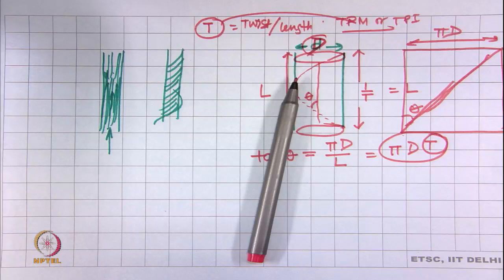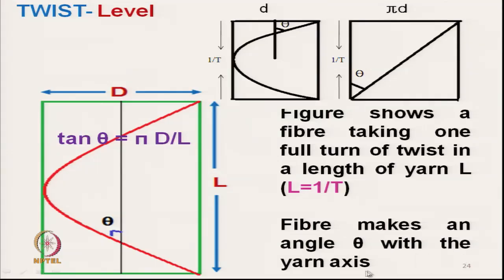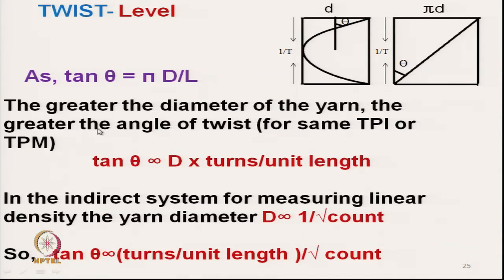Now, the fiber makes an angle theta with the yarn axis. Here tan theta equal to pi d by L. So, effectively it is pi d T. Now, tan theta is proportional to the diameter d of the yarn and turns per unit length T, as I have already mentioned.